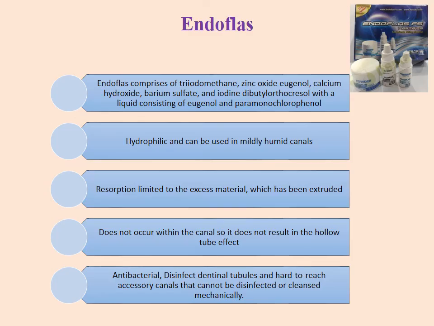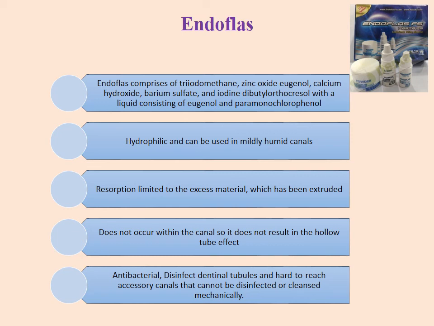So the next material is Endoflas. Endoflas consists of triiodomethane, zinc oxide eugenol, calcium hydroxide, barium sulphate and iodine dibutyrylcresol, with a liquid consisting of eugenol and para monochlorophenol.